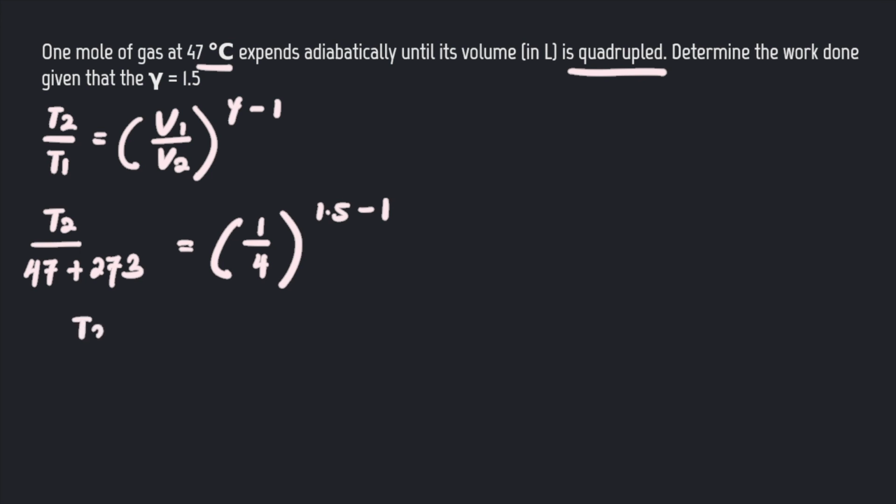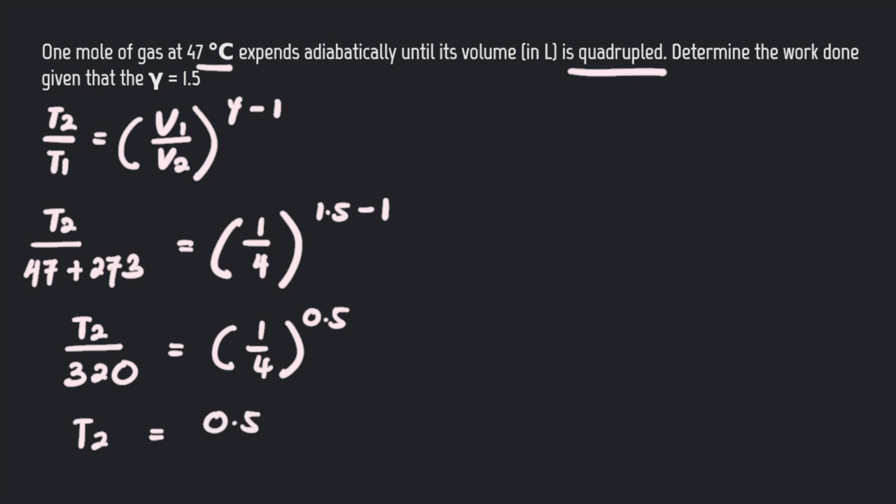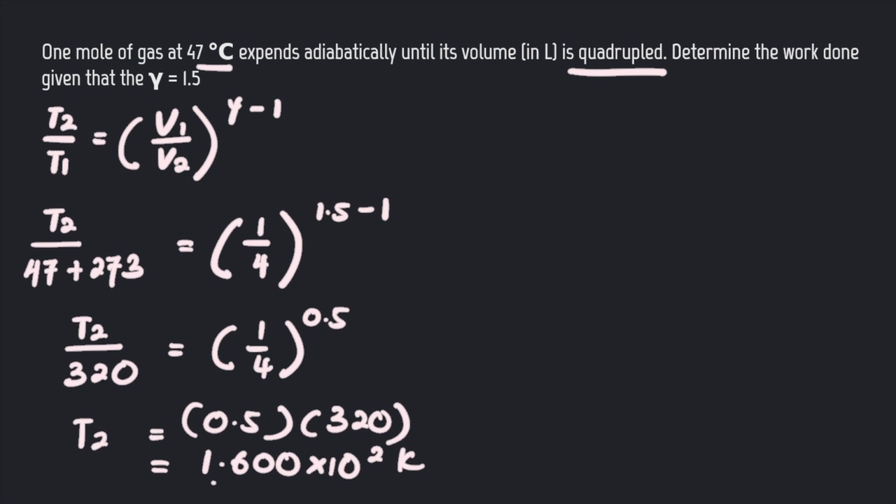Therefore, you will get T2 divided by 320 is equivalent to 1 over 4 to the power of 0.5. Hence, you will get your T2 is equivalent to 0.5 times 320, which is equivalent to 1.600 times 10 to the power of 2 Kelvin.